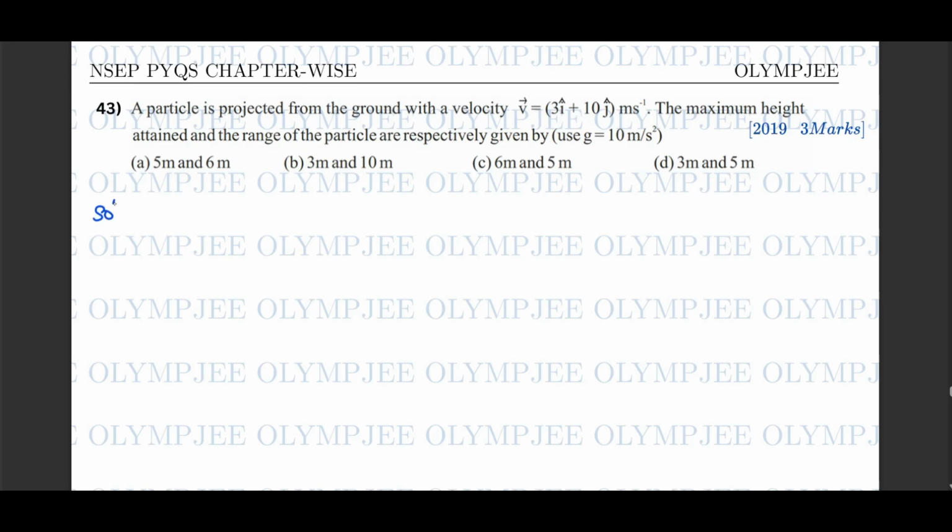For finding the maximum height, we are only concerned with the velocity in the j direction, which is 10j. This is u. And we know that at maximum height, the final velocity v will be 0.